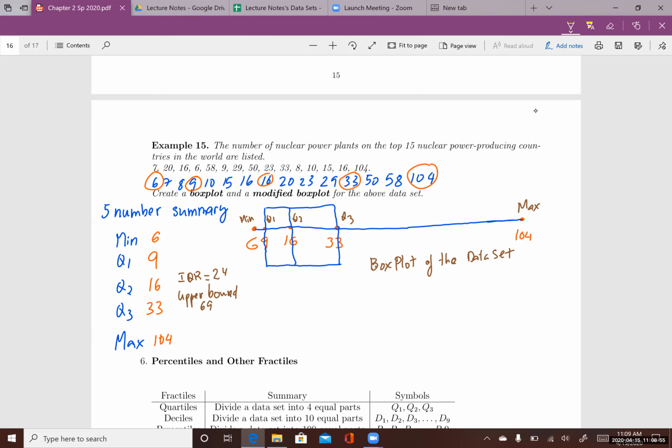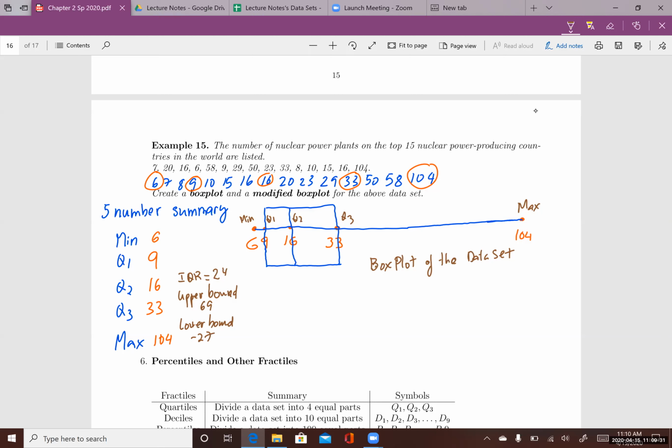And the lower bound is 9 minus 1.5 times 24, which is negative 27. So any values greater than 69 or less than negative 27 are outliers. We know that the minimum is a positive number, so we don't have any values on the left, but we might have some outliers on the right. What numbers are greater than 69? We have only one, which is 104, the maximum value.